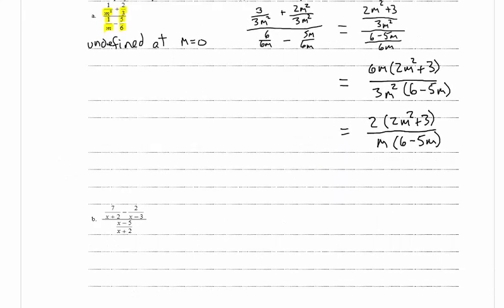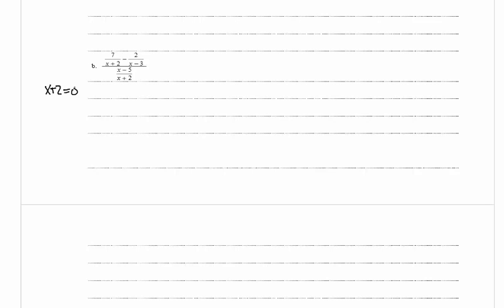In this next example, I have 7 divided by x plus 2 minus 2 divided by x minus 3, all divided by x minus 5 divided by x plus 2. So we want to take a look at everything that can make this undefined. So x plus 2 equal to 0 makes it undefined. x minus 3 equal to 0. x minus 5 equal to 0, and x plus 2 again, which we already have down.